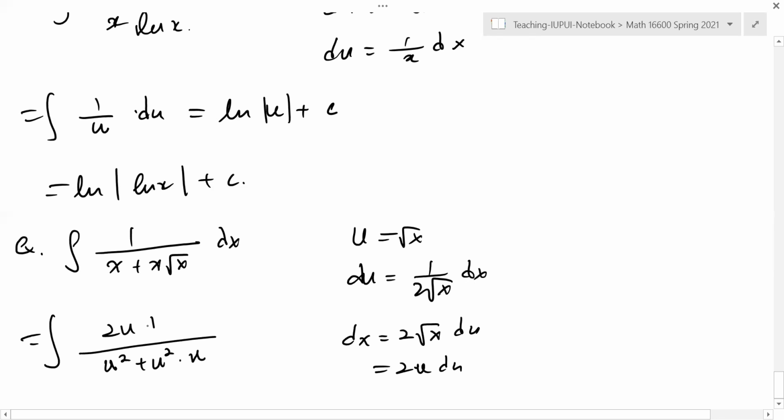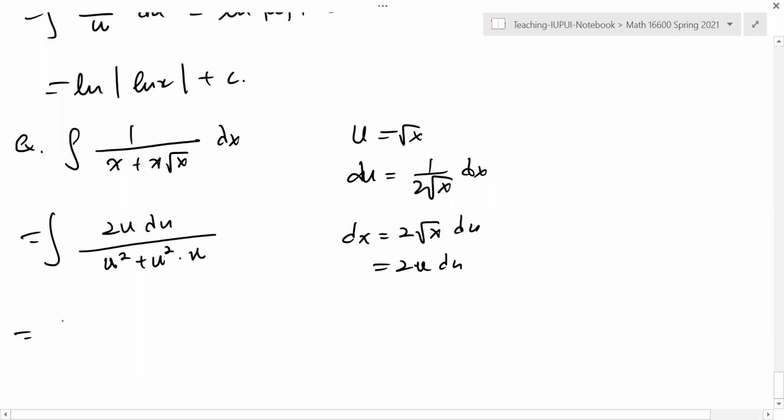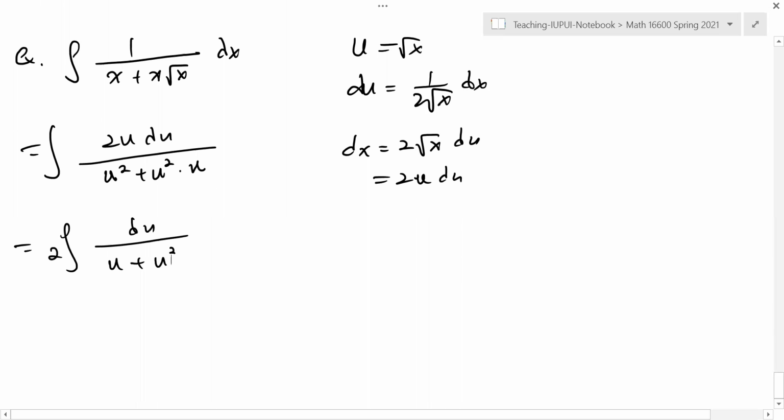So it's 2u du. I hope I can simplify it. That works. So you take 2 out, you get rid of one u, and so u squared. So you get a rational function, and you know how to do it, right?